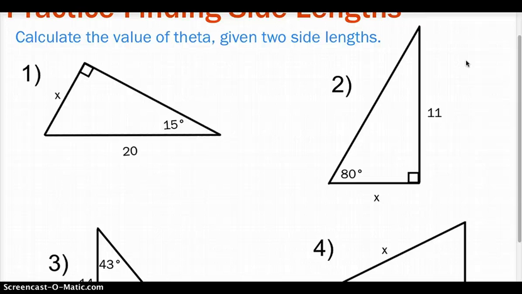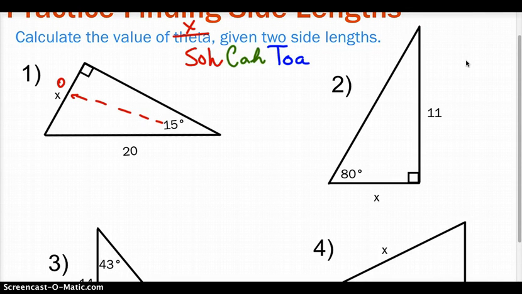What you have to do is first decide which ones it's going to be. Is it going to be sine because you have opposite over hypotenuse? Are you going to use cosine because you have adjacent over hypotenuse? Or are you going to use tangent because you have opposite over adjacent? So the first thing that needs to happen is that you go through and label. If 15 is your reference angle, this is an opposite, this is hypotenuse.